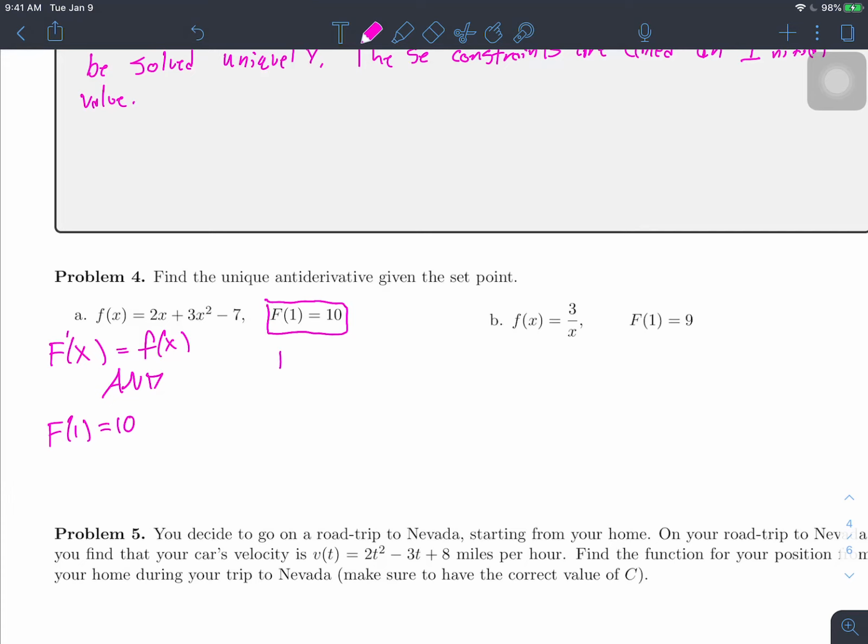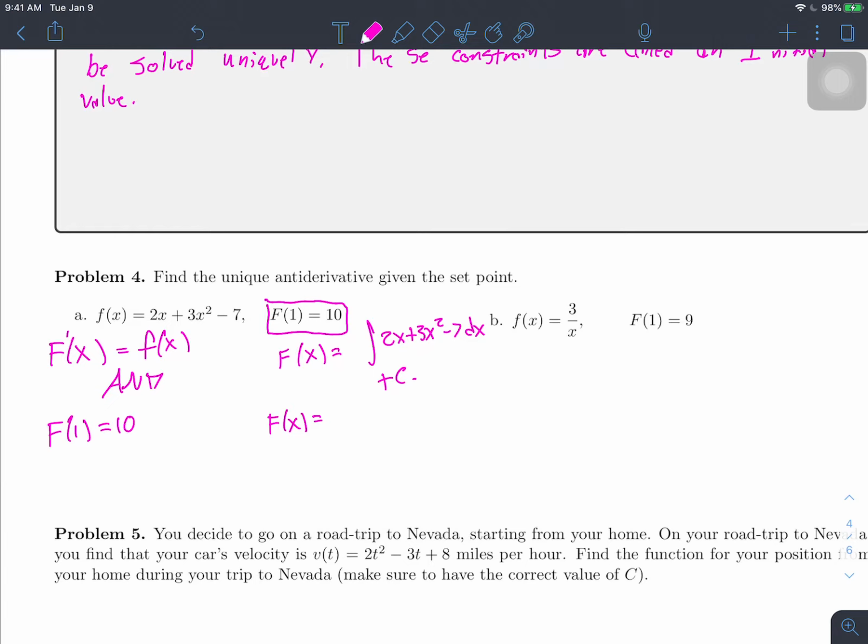Well, we know that F of x is going to be equal to the integral of 2x plus 3x squared minus 7 dx plus some constant c. So let's figure out what c is. Okay? So capital F of x is going to be equal to, well, let's talk about what this integral here is.